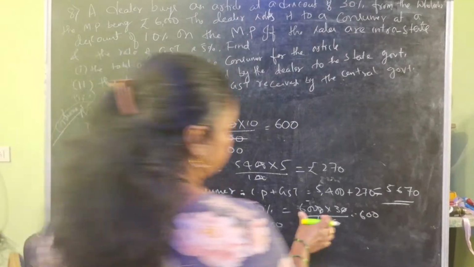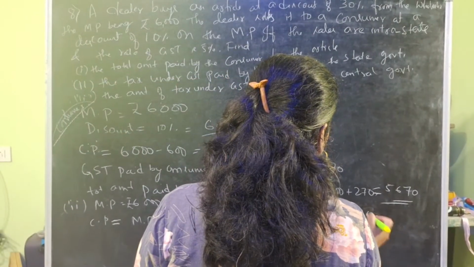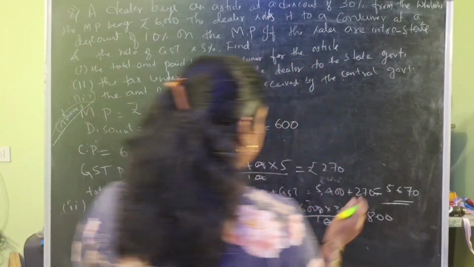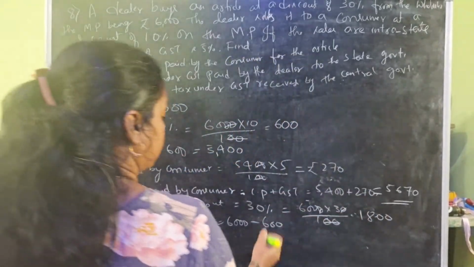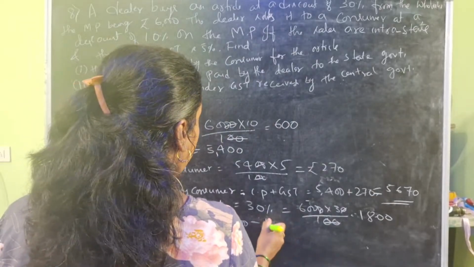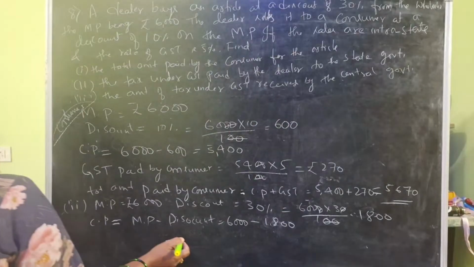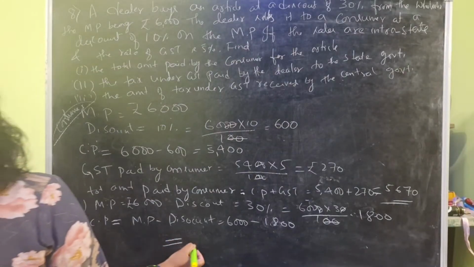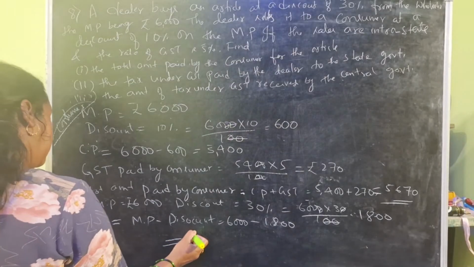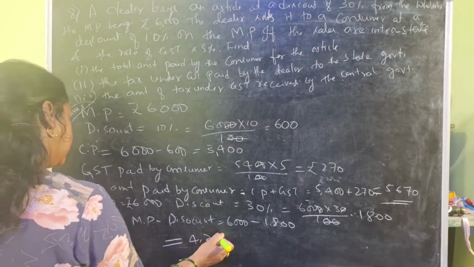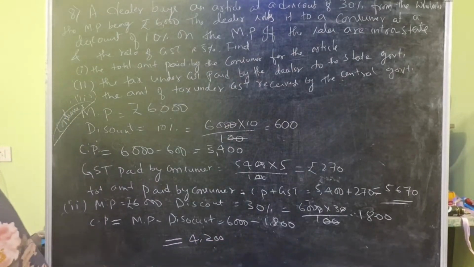Sorry, the discount is 6 into 3. It is 1,800. 1,800 is the discount. So the cost price for the dealer is 4,200.